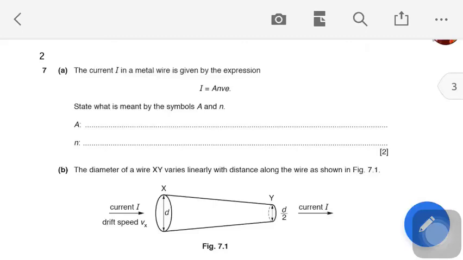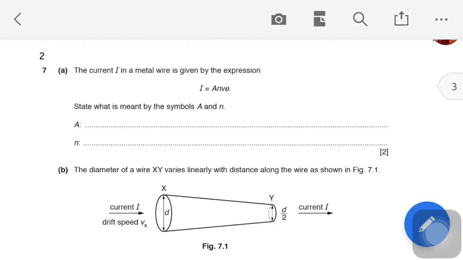Then the second question. The important thing about this question: A is the cross-sectional area, E is the charge on the electron, and N is the number of free electrons.